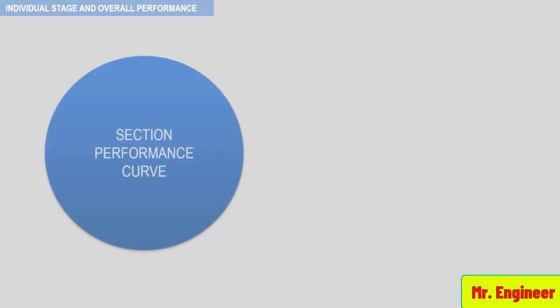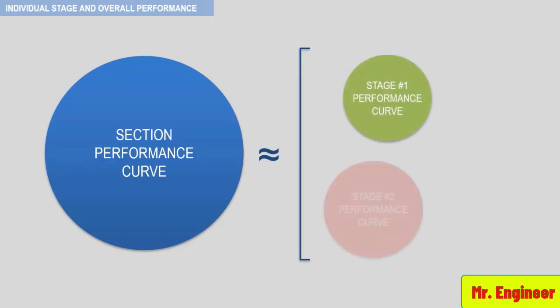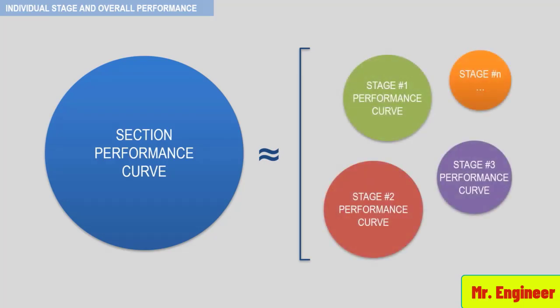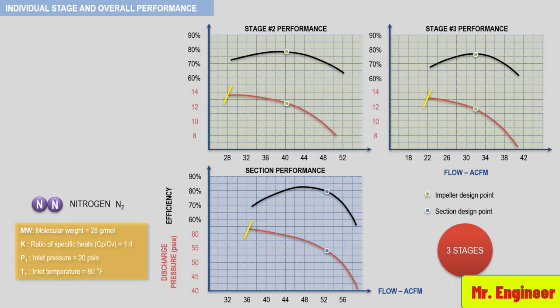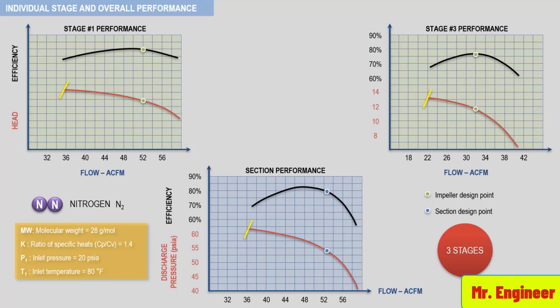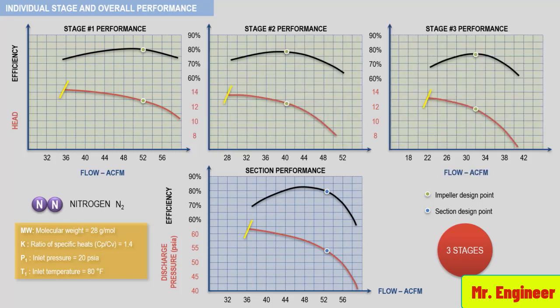As previously discussed, the performance curve for any compressor section is derived from the individual stage curves of each impeller in that section. The following figure shows an example of a 3-stage nitrogen compressor section. Here you have the individual performance curve for the first stage, the second stage, and the third stage.